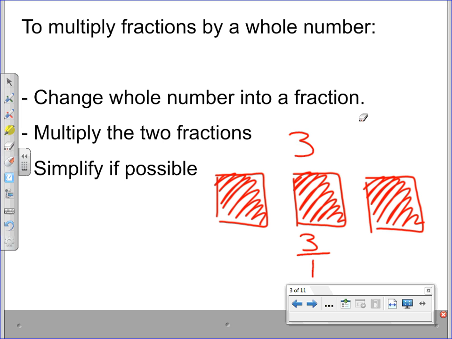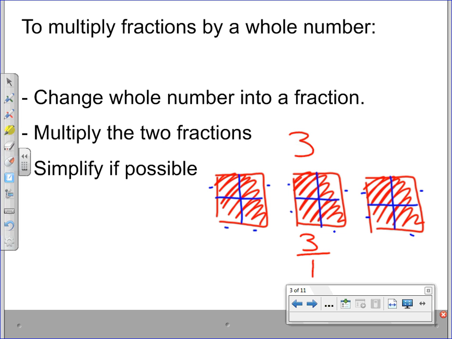Well, let's go back to our last model where we split it up into 4s. Let's just say we split these pieces all into 4s. Okay? So now if we counted how many total pieces there are that are shaded, we'd say 1, 2, 3, 4, 5, 6, 7, 8, 9, 10, 11, 12 pieces.